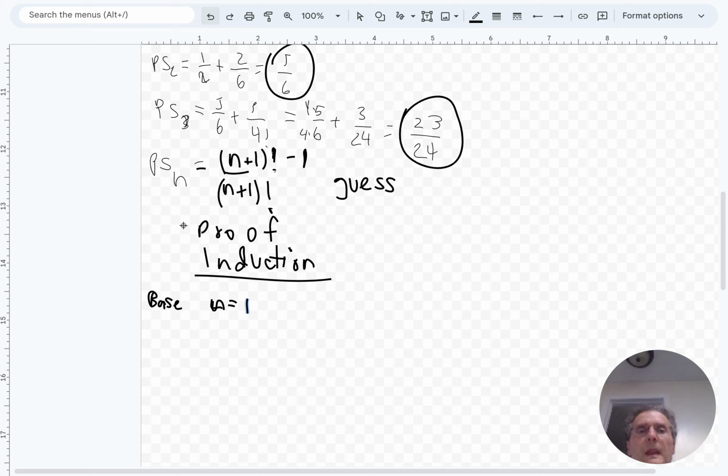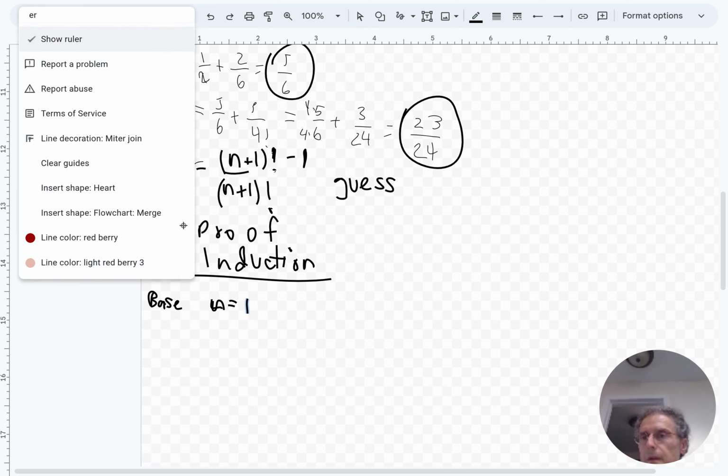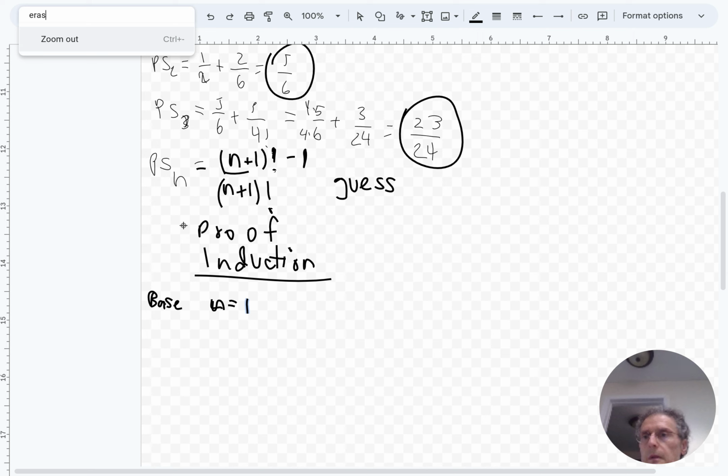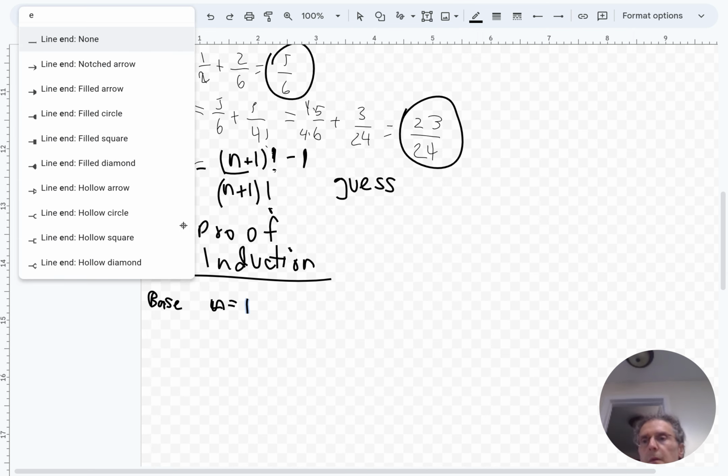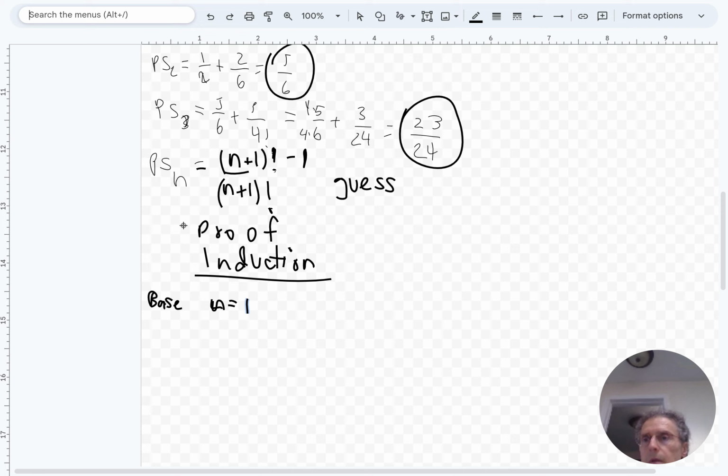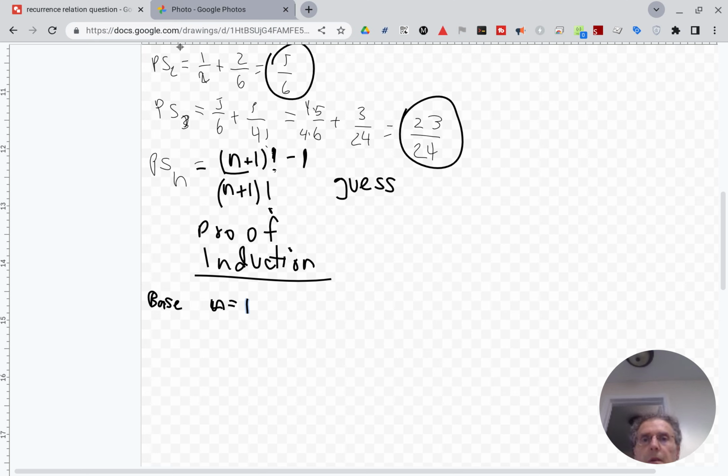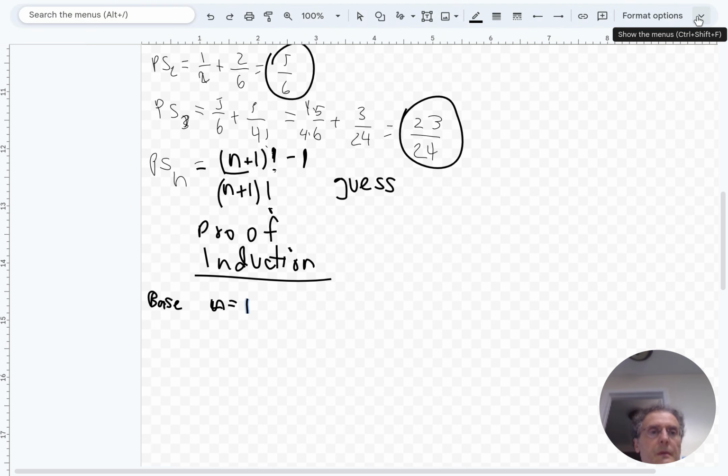Where's the eraser here? Gotta be an eraser. No, doesn't have erase. Where's erase? Gotta be a way to erase. Where did the menu go?